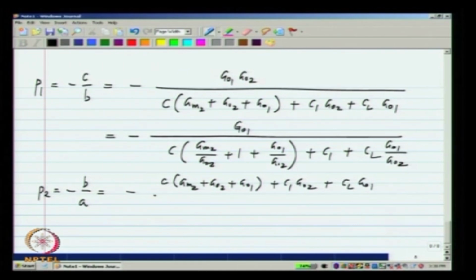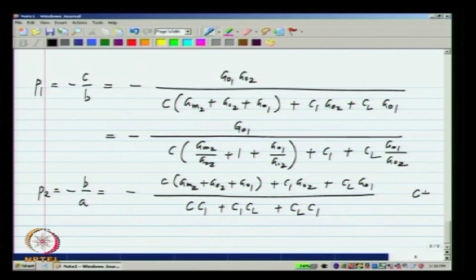and here we will have, and in this particular case I will divide both the numerator and denominator by C plus C1. Again you will later see why this makes sense.